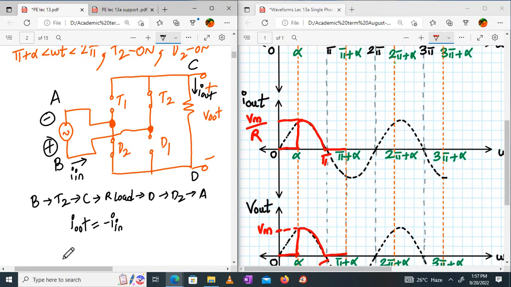Okay? What about Vout? Is Vout equal to V? It is equal to minus V. Why?